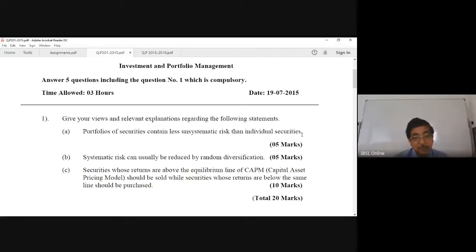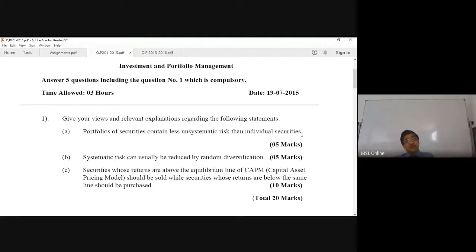Portfolios of securities contain less unsystematic risk than individual securities. Now, what do you mean by unsystematic risk? There are two types of risk: one is called systematic risk, the other is called unsystematic risk. We start with unsystematic risk.